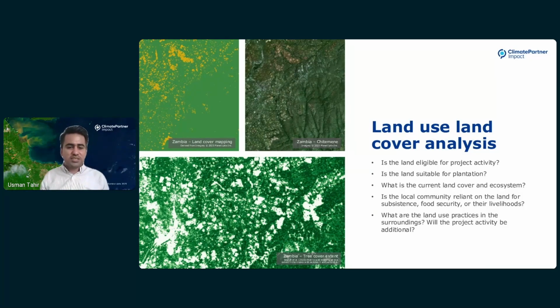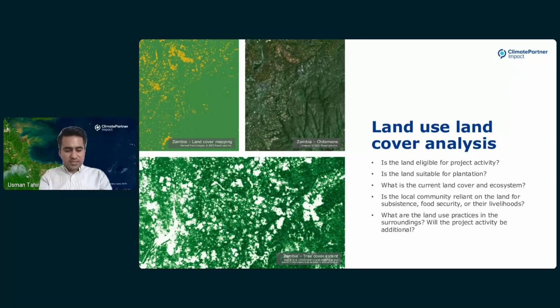But while doing this analysis, we found a unique pattern of deforestation. Usually when there is deforestation, it has a specific pattern, in the form of blocks. But here we noticed a very unique pattern, which is in the form of small patches.